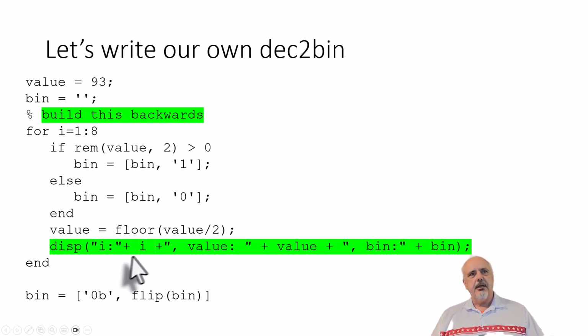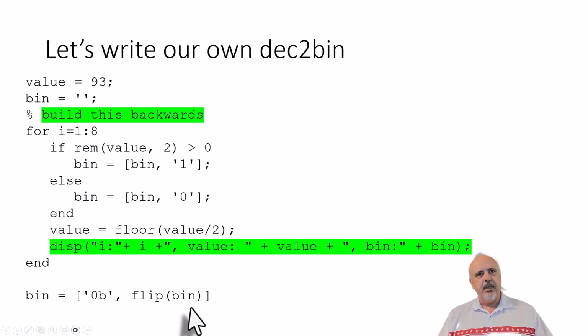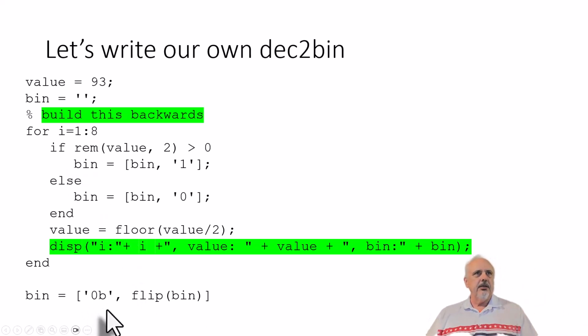Then here I display it. I'm just going to display my current I, my current value at the end of the for loop, and then print the bin I've accumulated so far. When I'm done, since my bin is backwards, I'm going to flip it and then add a prefix of 0b. So that's all I need to do.